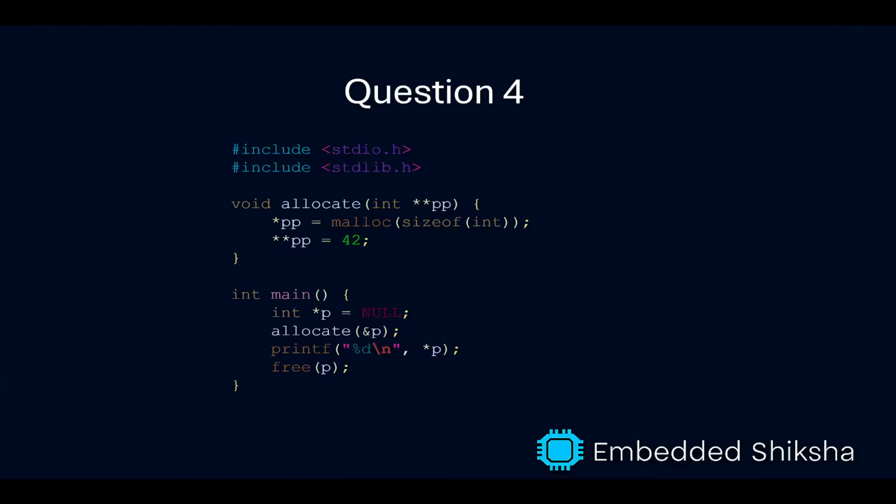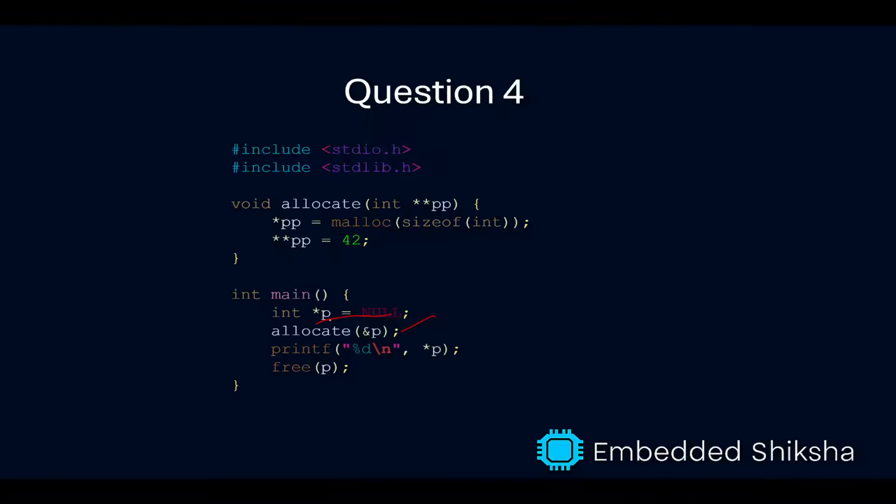So let's move to question number 4. This is again the same example which we have discussed. You are creating a pointer of integer type, you are calling a function allocate, and in that allocate function you are passing the address of this pointer p.